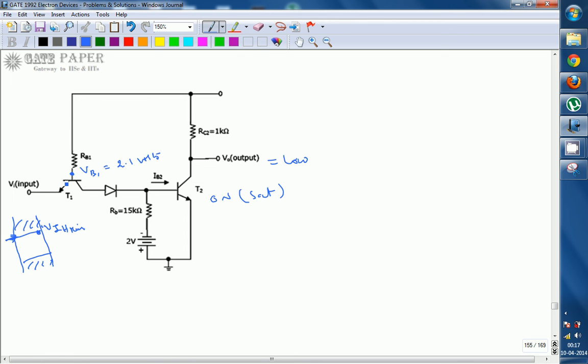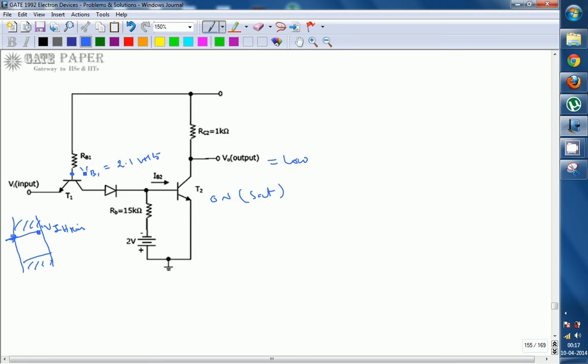That is the voltage drop across VB1 to make T2 in saturation: VCB cut-in plus VD forward bias plus VBE saturation. That is what we have seen as 2.1 volts, and that is the base of T1 being at 2.1 volts.